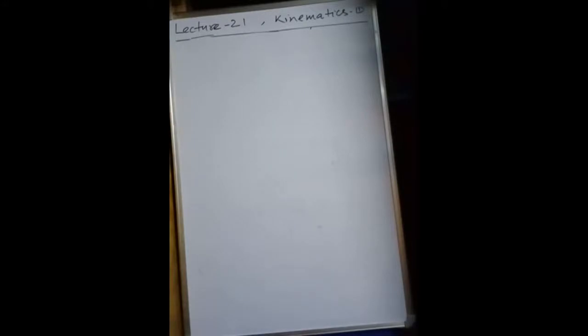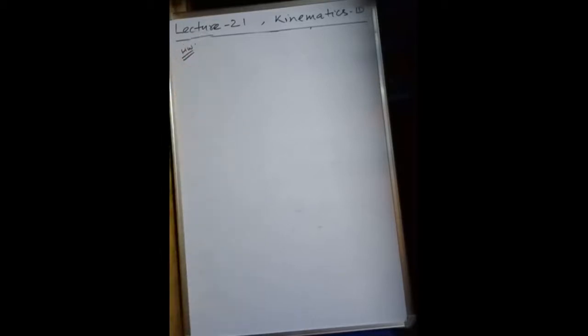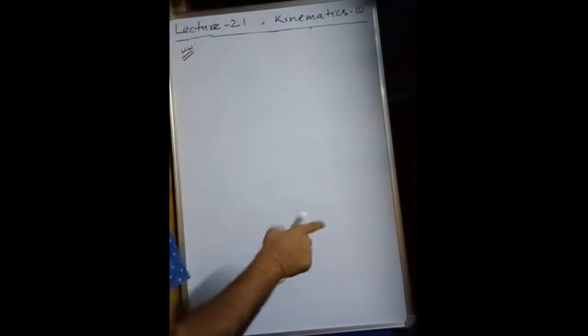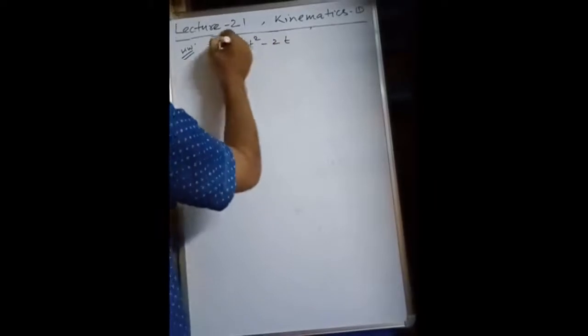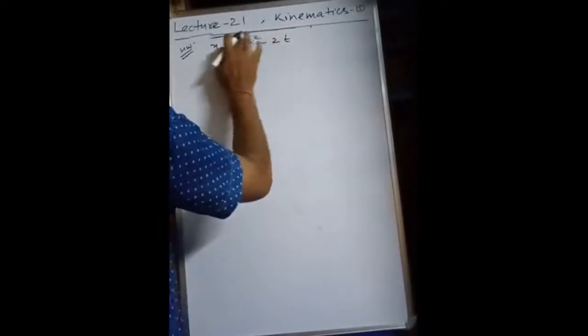And remember, this question was asked in an engineering examination. It is your homework. This is t square minus 2t. I have reversed the value. It is t square minus 2t. Okay, this is the equation.